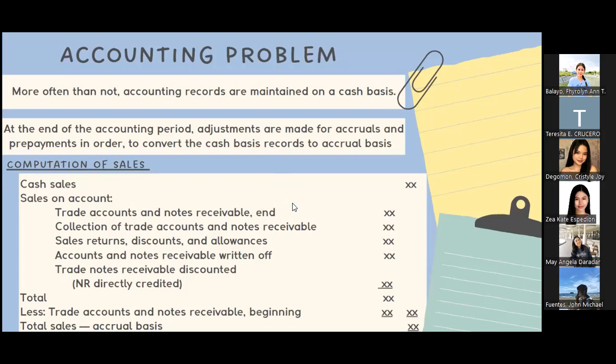The beginning accounts receivable and notes receivable are deducted because these items pertain to the preceding year and constitute sales of the prior years. The substance of this formula is the reconstruction of the accounts and notes receivable because the total accounts and notes receivable would represent the total sales on account.